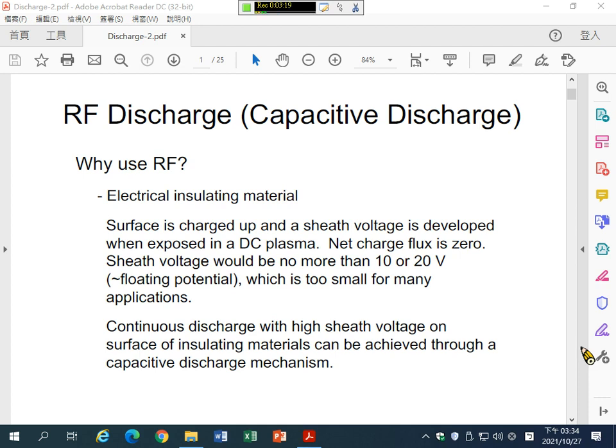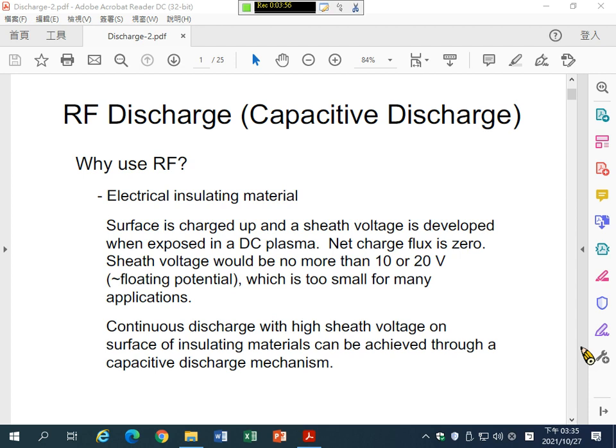So if you use a DC plasma and just let a piece of insulator sit inside the plasma, the sheath voltage cannot reach minus 50 or minus 100 volts. So in that case, one needs another way to generate a plasma, or to generate a high sheath voltage condition. Okay, so this is the first part of the importance of the RF power, or RF plasma.